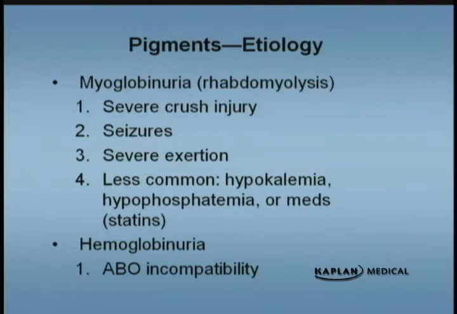Hyperkalemia, because 95% of the potassium in the human body is inside the cells. So when you have a terrible crush injury, your best initial step should be to get a potassium level or check an EKG. Because if there's hyperkalemia and EKG changes, you're going to give calcium chloride or calcium gluconate.